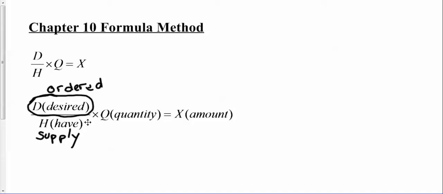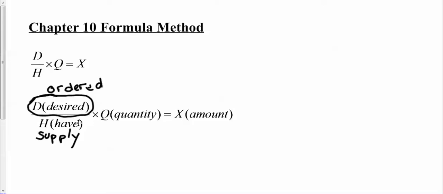If we're dealing with medication that is given in liquid form, then Q could be anything. Generally, it's a certain number of milliliters, 5 milliliters, 1 milliliter. And if you divide D divided by H and then times it by Q, you get the amount that needs to be given to the patient.